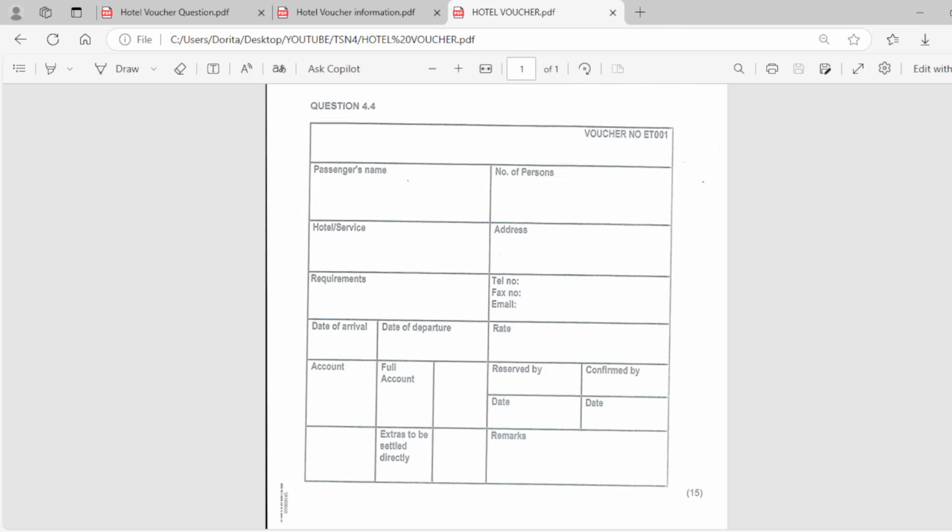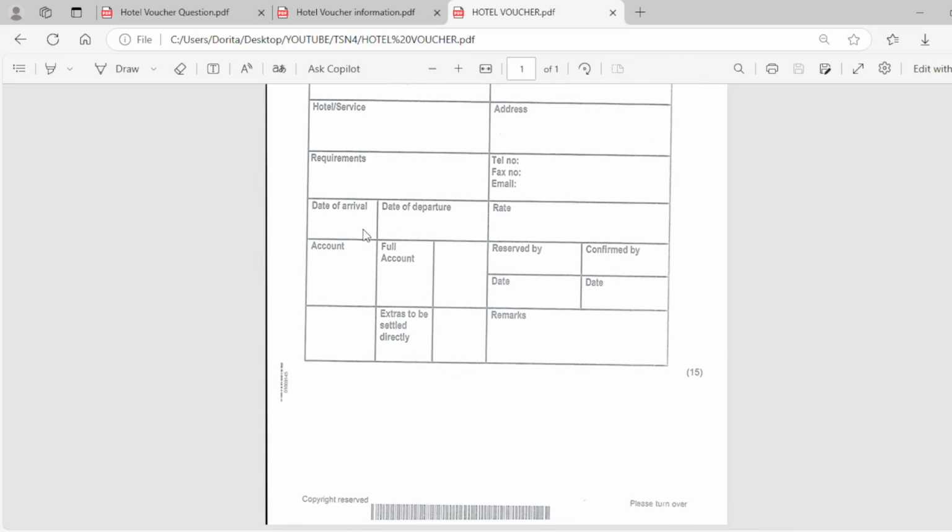Do you see on this answer sheet that the account block, it's just a block, there's not a lot of space, but remarks, it has a bit more space. It's a longer block. And really, this is the only reason why you get to also write your credit card details under remarks, because the actual space for it is under account. But you'll get the mark whether you show it under account or under remarks, as long as you show it.